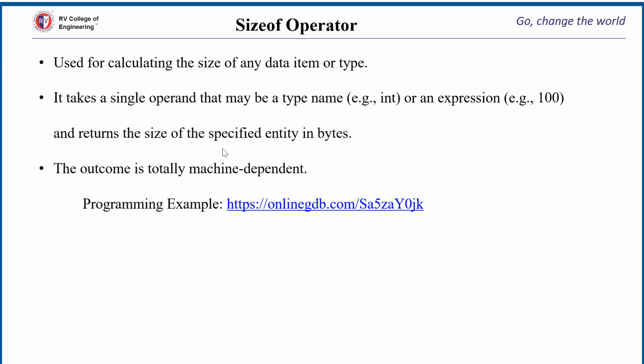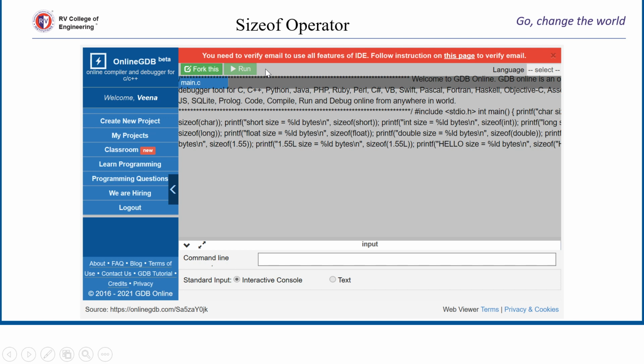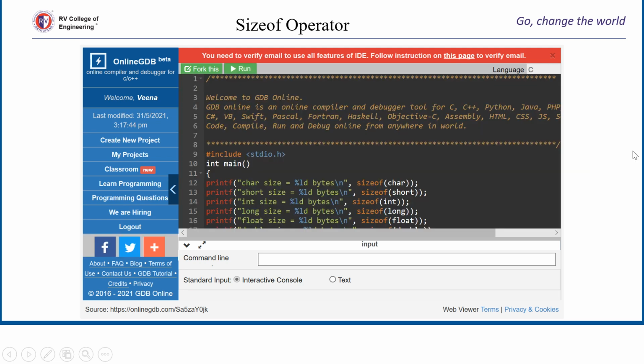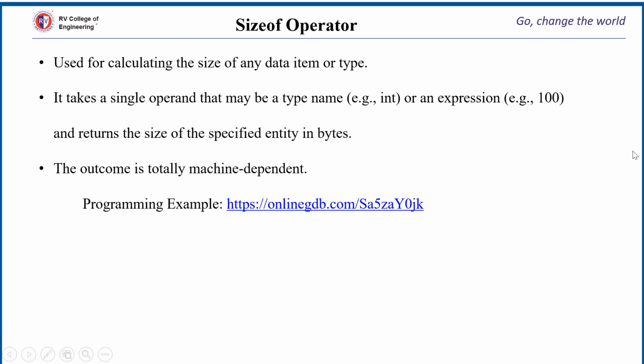Now finally the sizeof operator, it is used in calculating the size of any data item. It takes in a single operand, which might be the name of a variable or your data type itself, and returns the size of the operand in bytes.